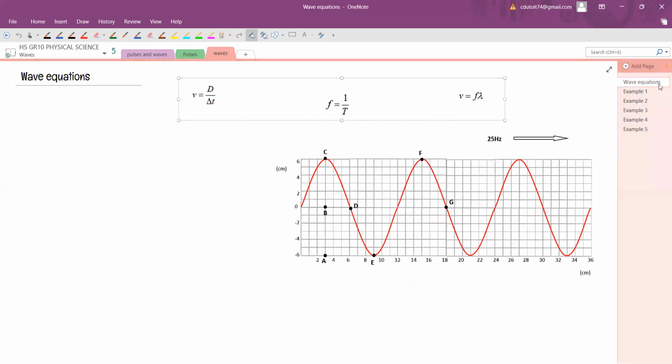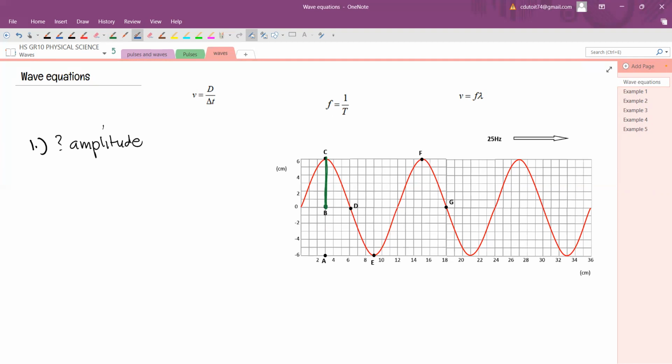Right, so this is the wave. There's a wave example. Now I'm going to teach you a couple of things. The first thing I want to know is, what is the amplitude of the wave? Now, the amplitude is the distance from this position of rest upwards. Can anyone tell me what that amplitude would be?